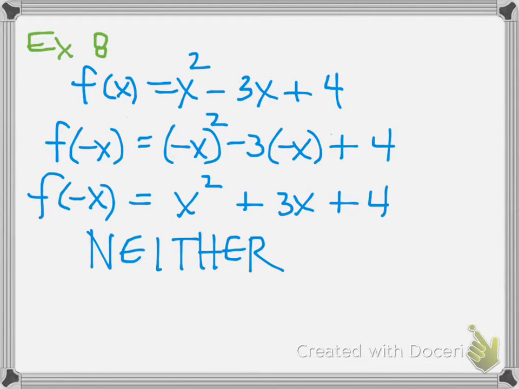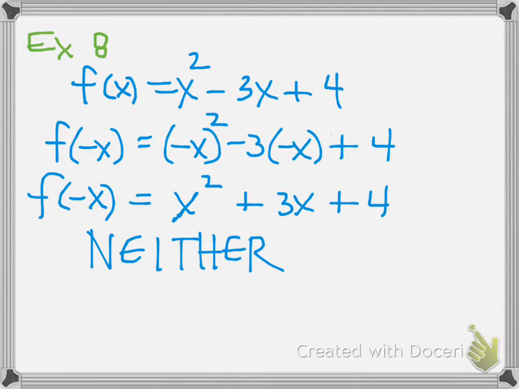Okay, this is really how most of them turn out. Here's a function, f of x equals x squared minus 3x plus 4. If I plug a negative x in to test it out, this is how you test it. You plug a negative x in and you solve it. Negative x squared gives me positive x squared, and negative 3 times a negative x gives me positive 3x, and a 4.